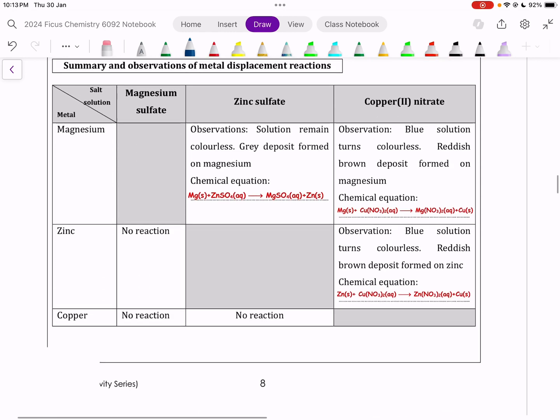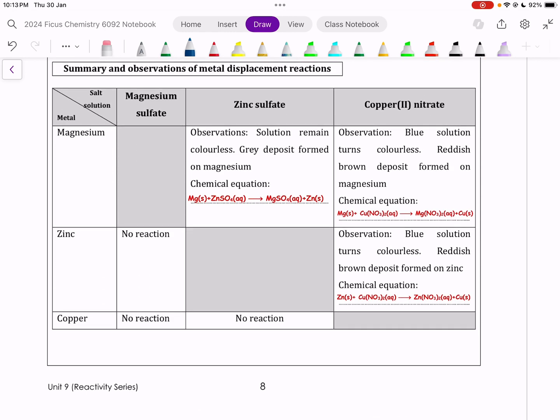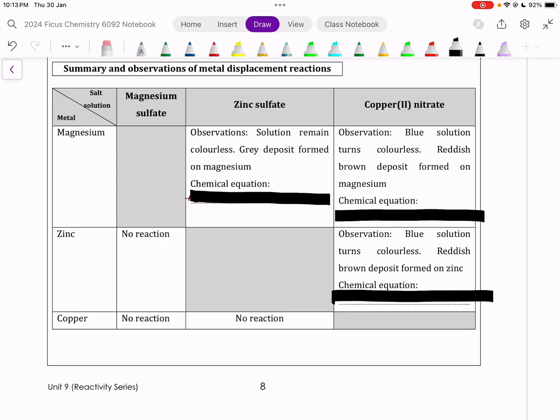Then this is an example. You can go and try and write out the chemical equation. This one I don't want to spoon feed you. You go and try. Magnesium should displace zinc in zinc nitrate, then the observations that come with it.